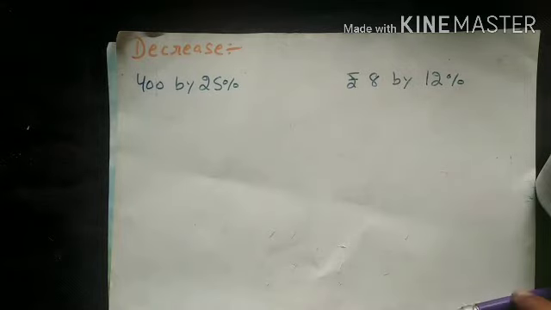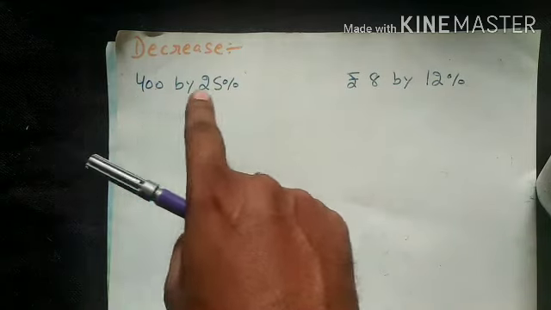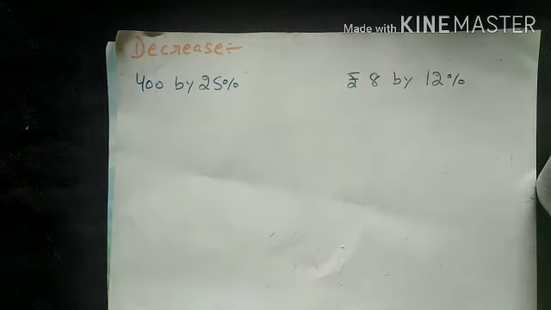Hello student, in this video we are going to learn how to decrease a number when a given percent is there. Just like here you can see the given number is 400 and we have to decrease this by 25%. So let us start this video with the commitment that you will watch this video till the end without skipping any part.